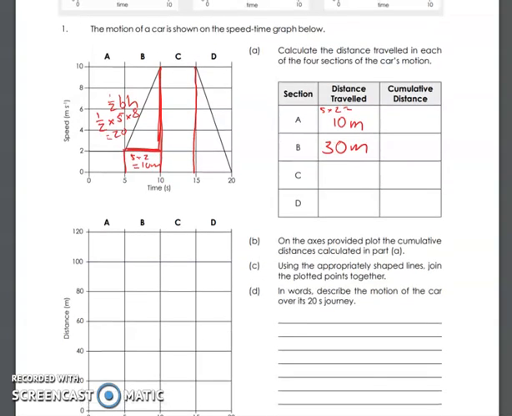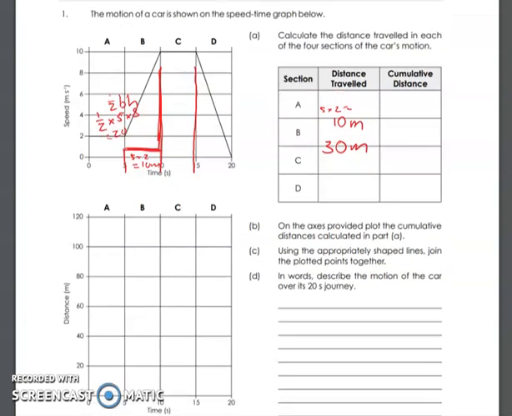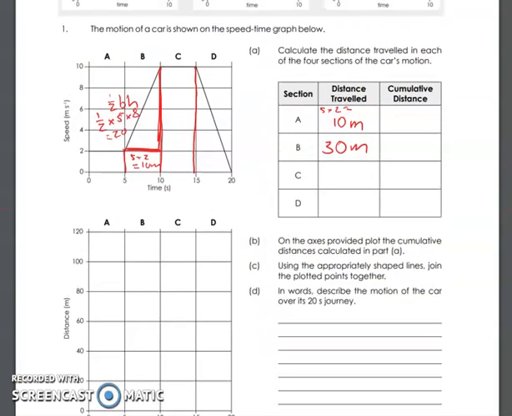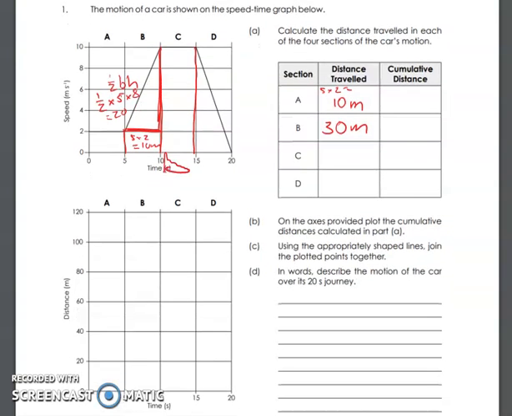Section C, we have a rectangle. So we use base times height. Our base is 5. Our height is 10. 5 times 10 gives us 50 meters.